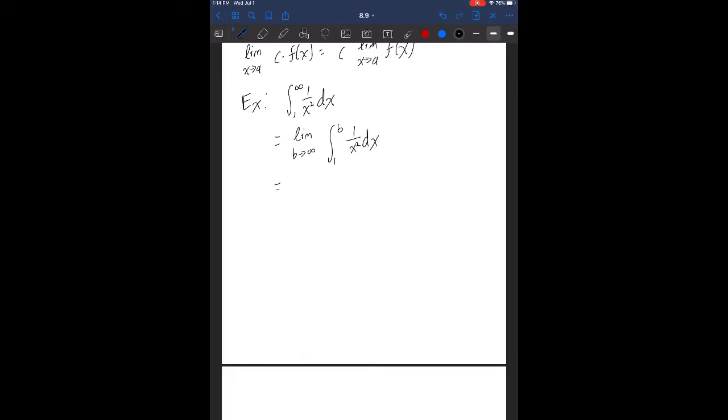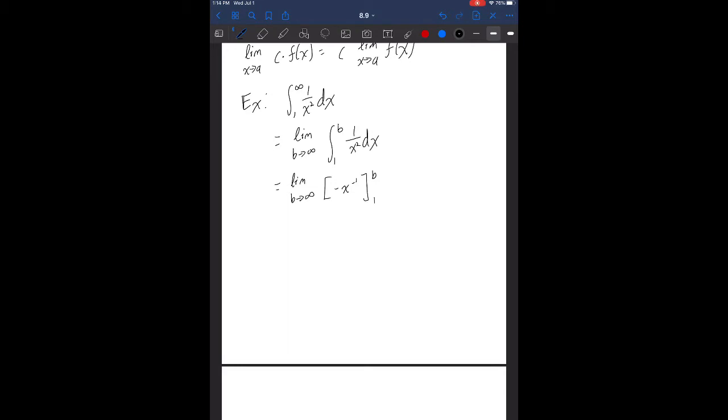Now the integral of 1 over x squared, this is the same as x to the negative second, so we will get negative x to the negative first. So this is still the limit as b goes to infinity of negative x to the negative first from 1 to b.